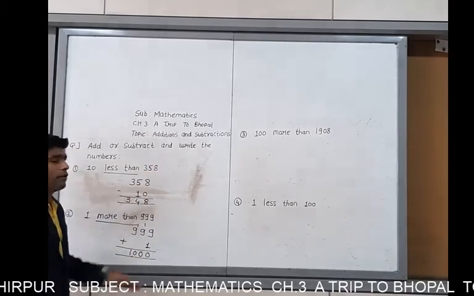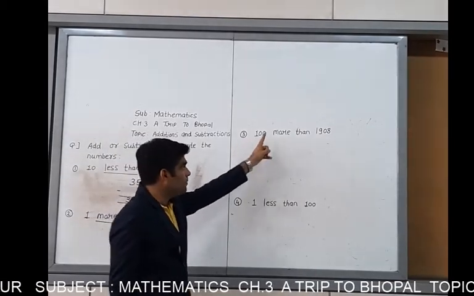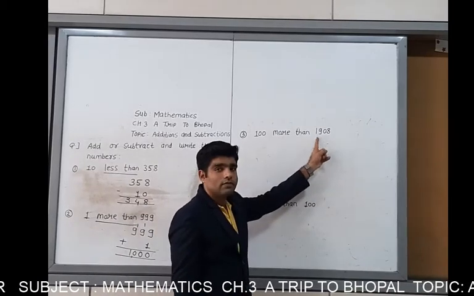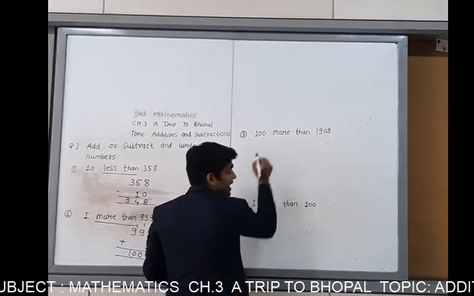So simple example, for more than you have to use addition. Start from the third example. 100 more than 1908. Simple addition. Why addition?